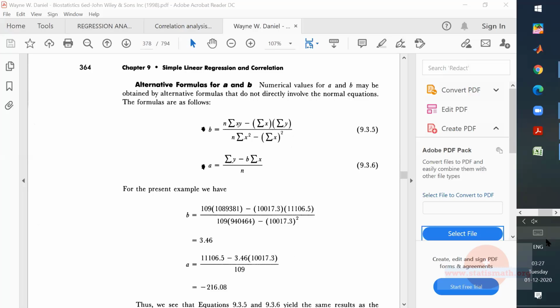Just plug these values into the formula and get the line y equals a plus bx. So a is what you get when you solve 9.3.6, that is your a value, and 9.3.5 gives the b value. Just plug in those values and you see the equation there. Okay, so do that.